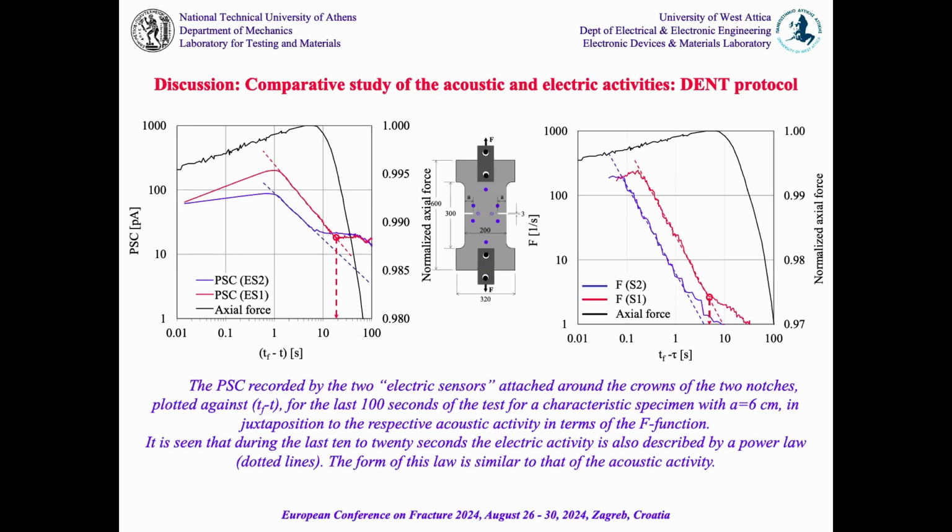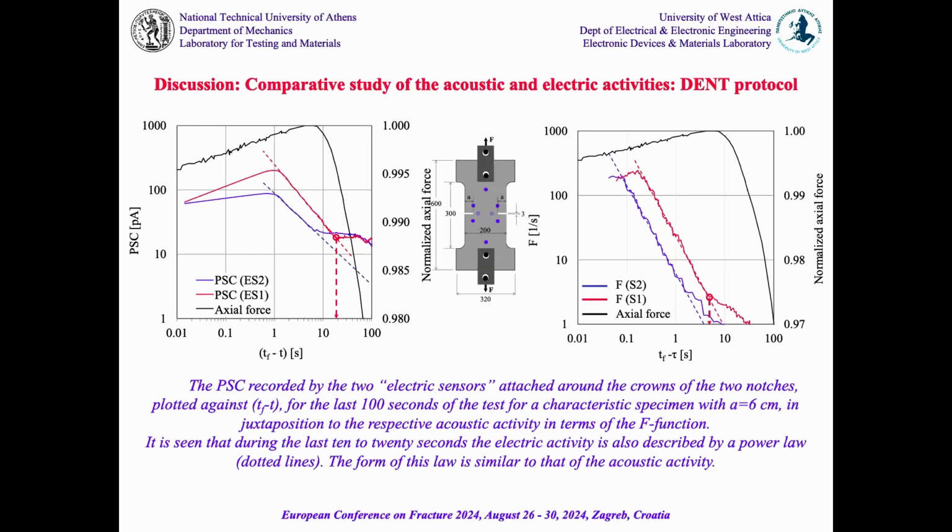The red notch is the one from which fracture started, and we plotted here the electric current and the function describing the frequency of generation of hits. We have two functions now because we have two electric pairs. We have electricity generated at this notch and at this notch.